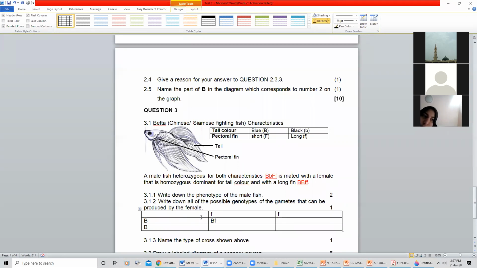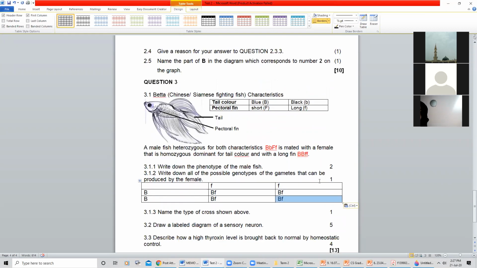So in this case, because it's homozygous for capital B and because it's homozygous for small f, it can only give its offspring a capital B and a small f. There's nothing else that it has to offer. So the only answer there would be capital B and small f. There's no other possibility there.